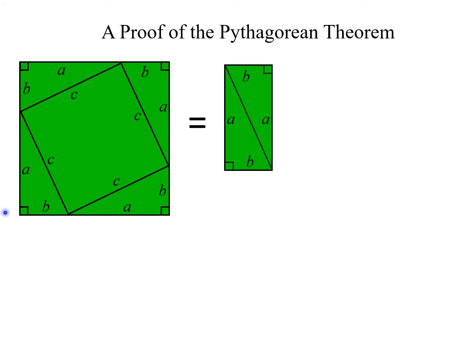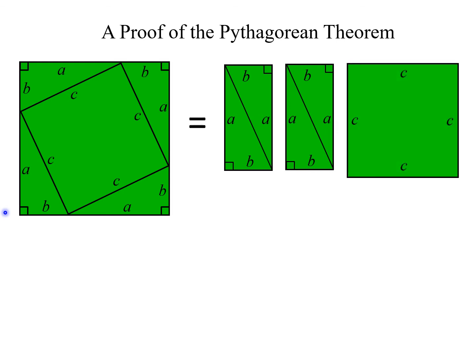I'm going to do that again with the other 2 right triangles. So we have another rectangle. And then the square. So the thought is the area of this big square should equal the area of this rectangle plus the area of this rectangle plus the area of this square.